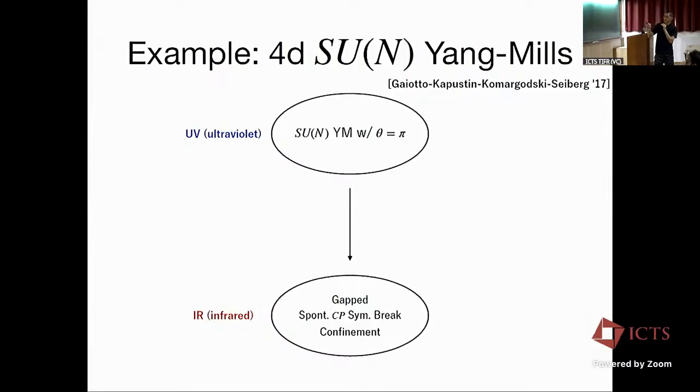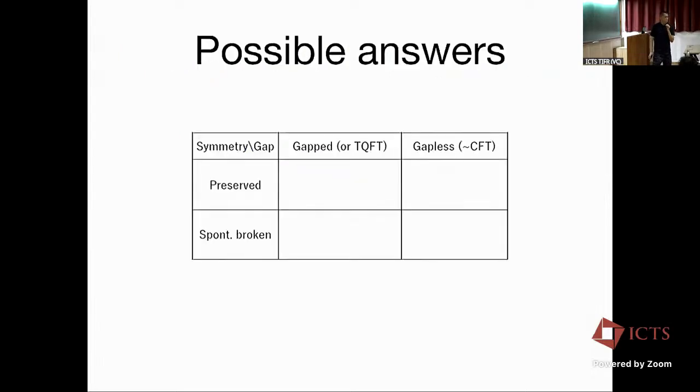And then these people argue that this theory is gapped, and CP symmetry is spontaneously broken, and it is confined at long distances. So when we say possible answers, we mainly use two criteria. One is about gap, and another is about symmetry. The long distance theory can either be gapped or gapless.